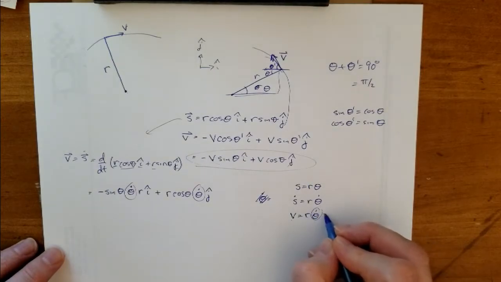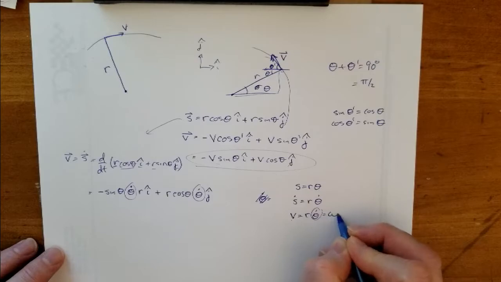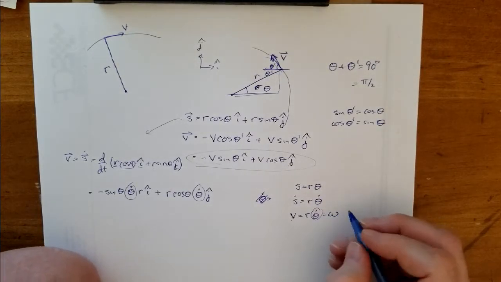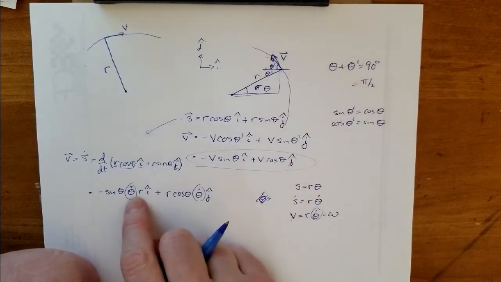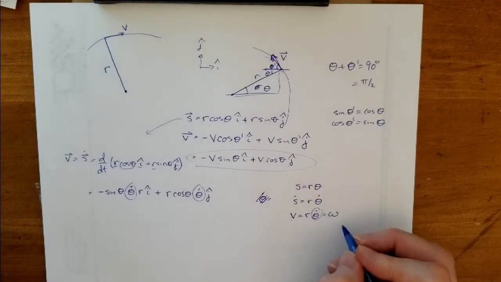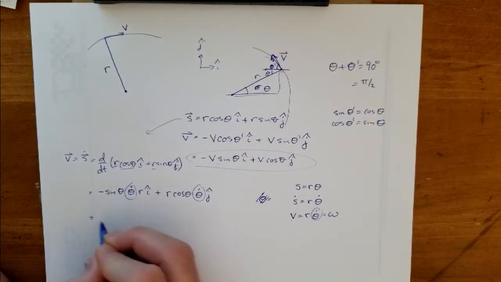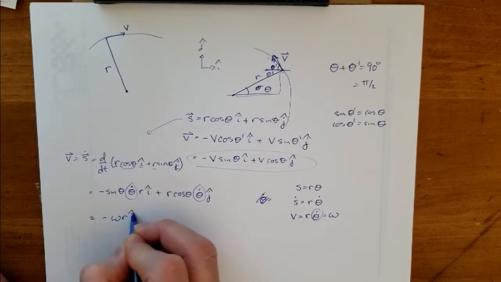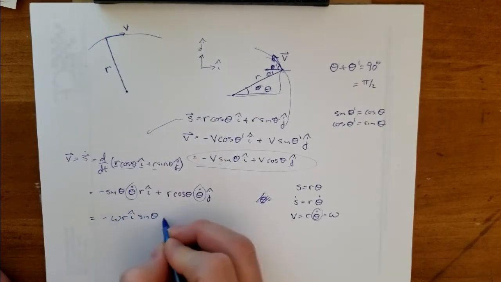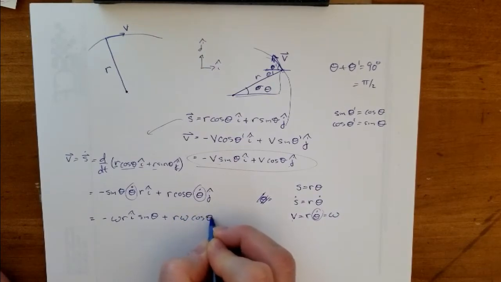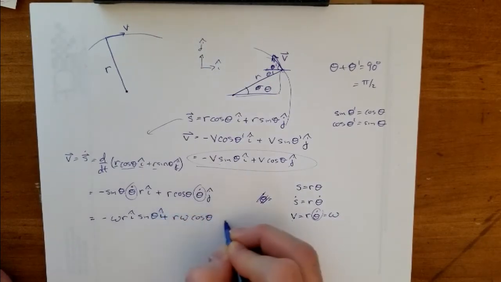This theta dot is also equal to something called angular velocity. If that's a vector, actually theta is just an angle, so there'd be angular speed, omega. So we're left with negative omega r sine theta i hat plus r omega cosine theta j hat.